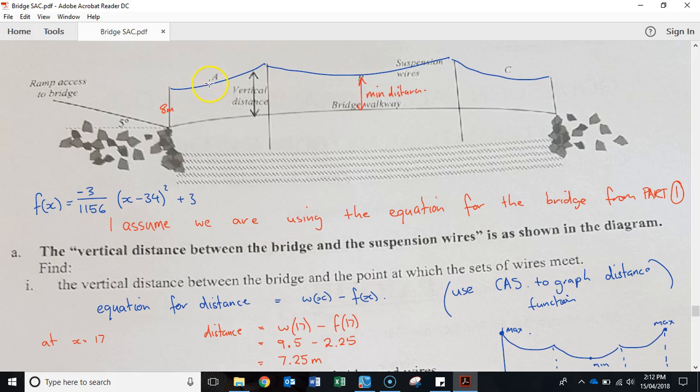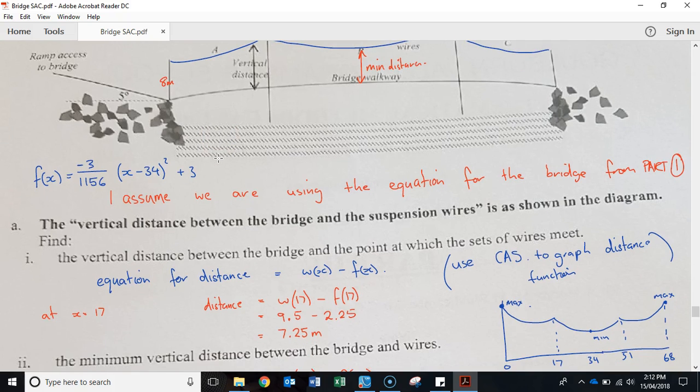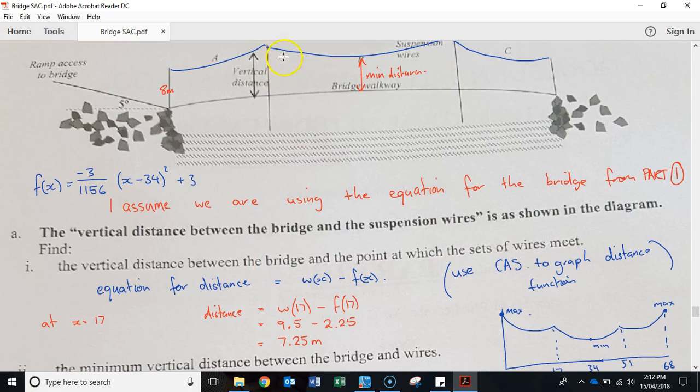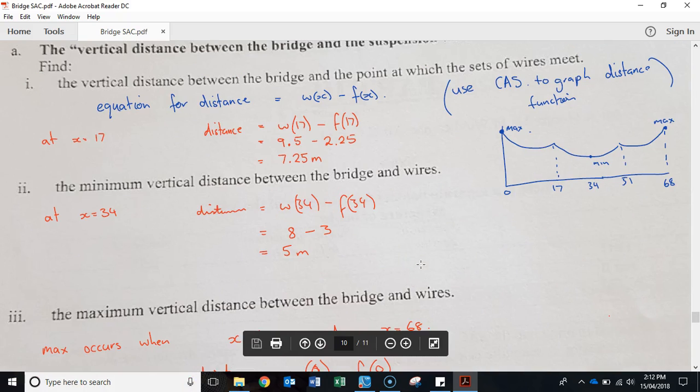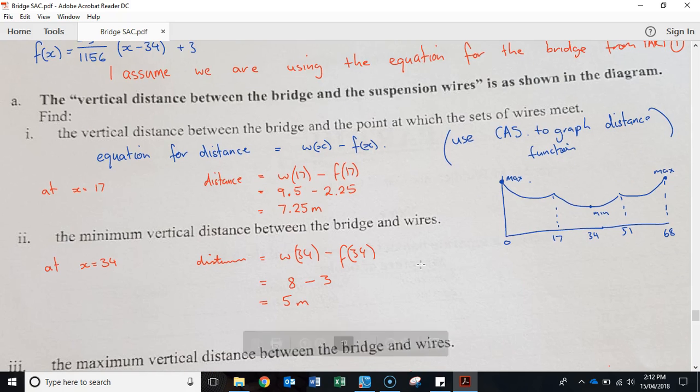So the distance between this suspension wire and the bridge, and they've asked us to do that at 3 key points. So they want to find the vertical distance between the bridge and the point where the set of wires meet. So that's the distance from here to the bridge. They also want to find the minimum vertical distance between the bridge and the wires and the maximum vertical distance between the bridge and the wires.